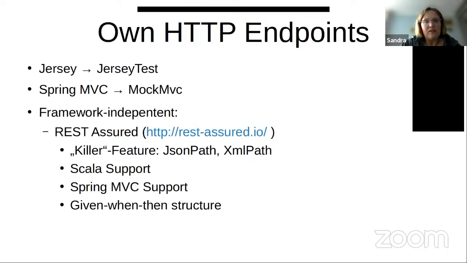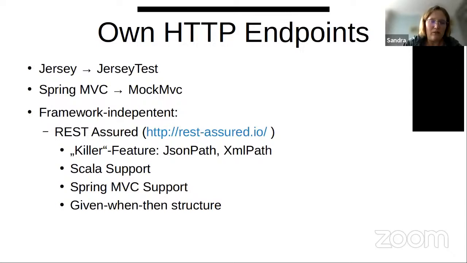The next point is that maybe I have my own HTTP endpoints, REST endpoints. I want to ensure that my own endpoints work. I have tests when I apply Jersey tests or Spring MVC. I have something like MockMvc.